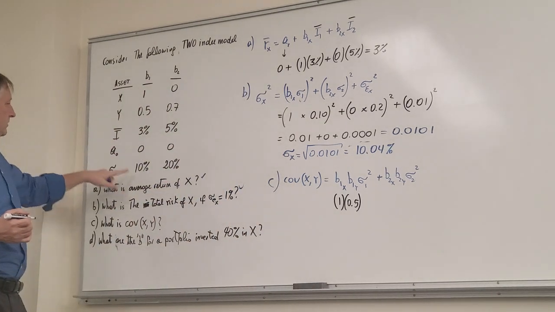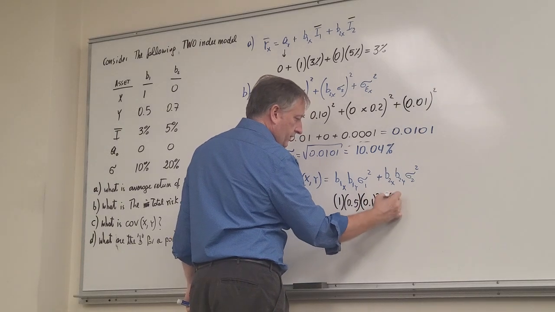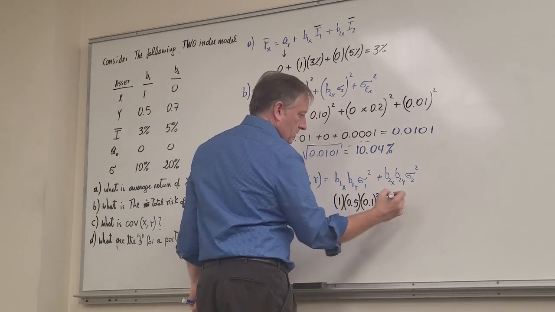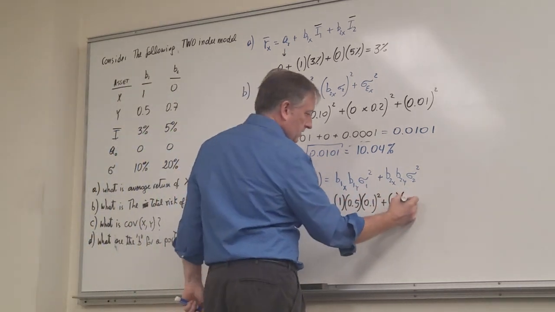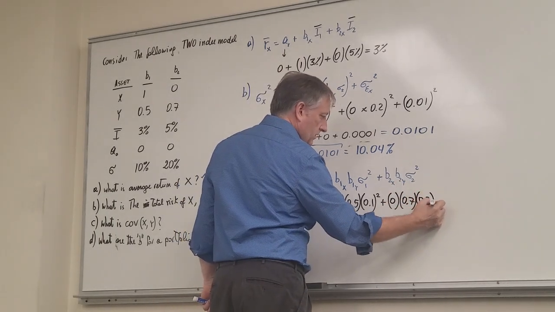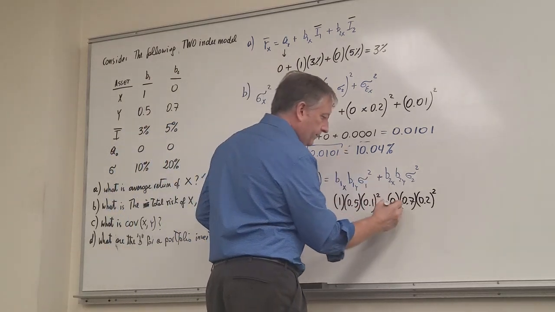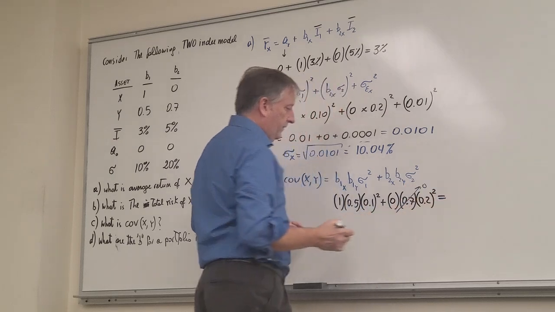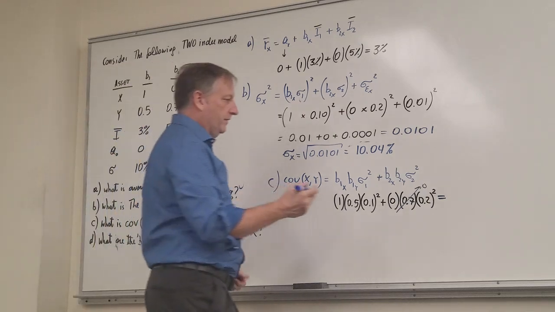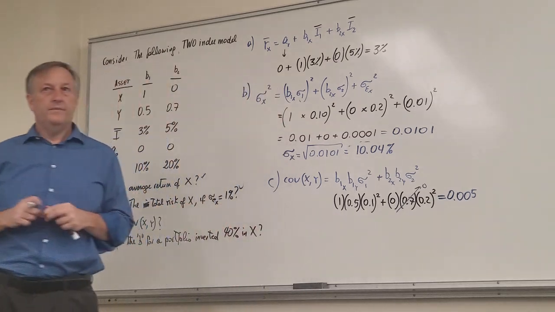Sigma 1 is 0.1 squared. B2 of X is 0. B2 of Y is 0.7. Sigma 2 is 0.2. I need to square that. Since we're multiplying by 0, this thing goes away. What do you get? 0.005. Yeah.